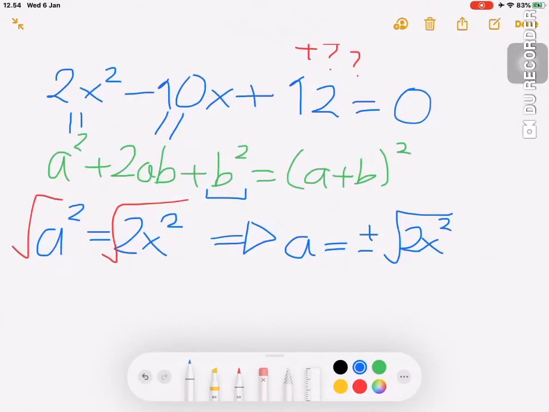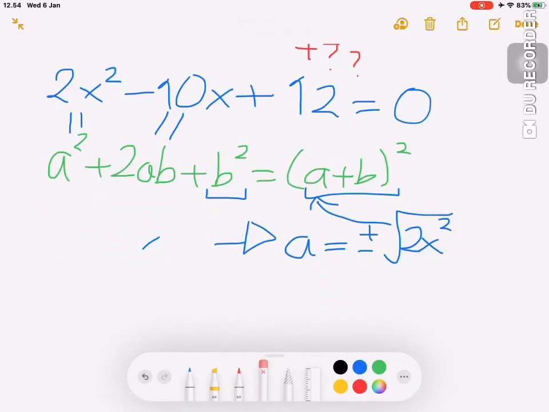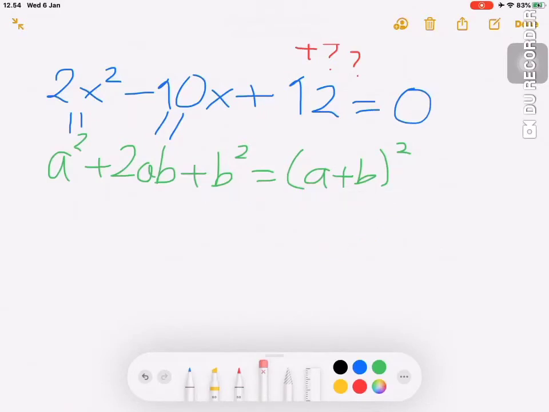So setting these equations up, we got a squared equals 2x squared. Squaring both sides, we got that a equals plus or minus square root of 2 x squared. Now we encountered a problem.